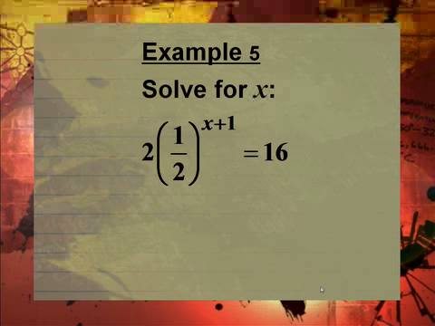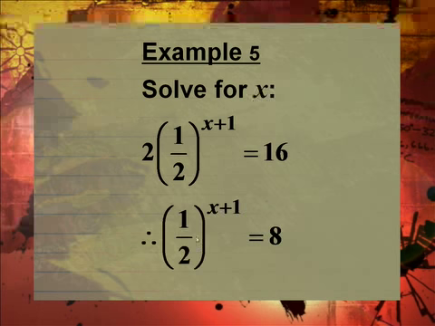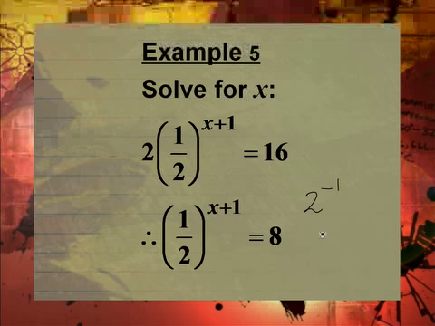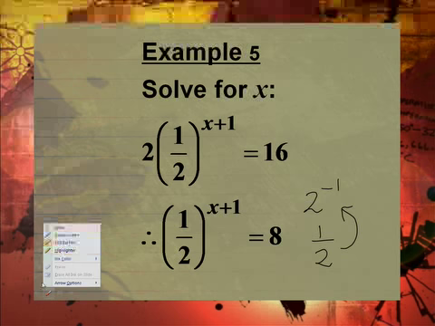Okay, now let's get a little bit more technical. What about this one? This is awkward because we can't cancel those because of the exponent. So let's divide both sides by 2, bring the 2 underneath and get rid of it. Now the problem is there's a half, and that's 8. Think of a half as 2 to the negative 1. So we can make a base of 2.